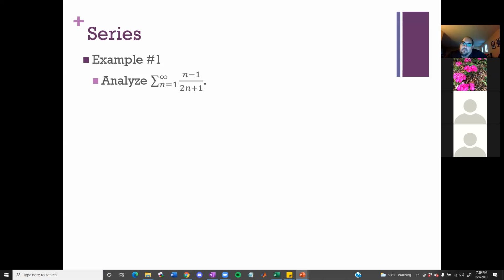Would it be the divergence test? Okay, so why do you say divergence test? Because it just seems pretty simple to just find the limit of that series. When you say the limit of that, let's be specific. What limit are you looking at? n-1 over 2n plus 1.